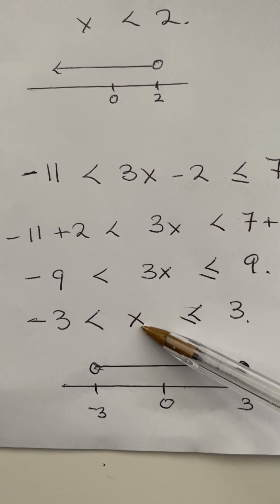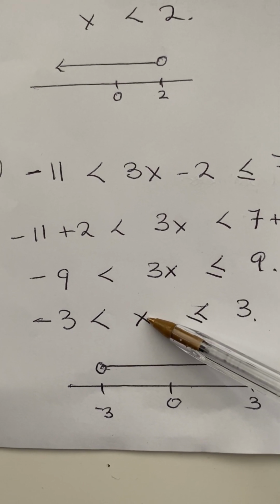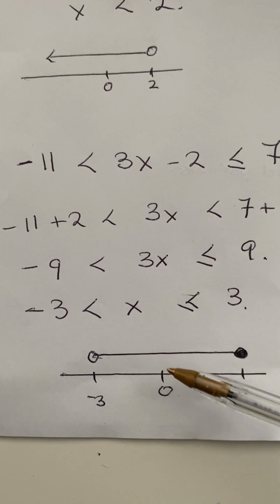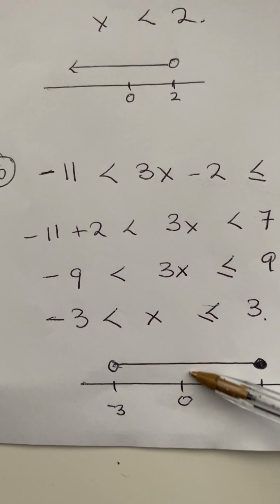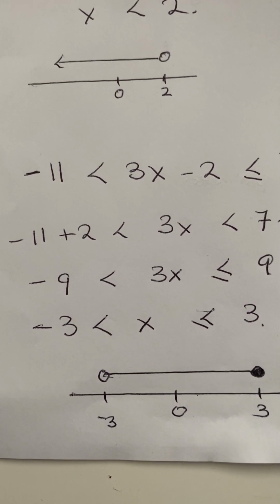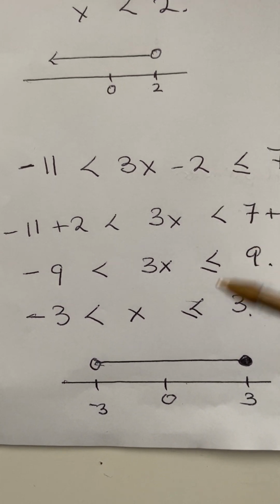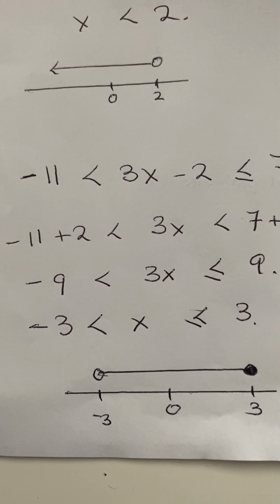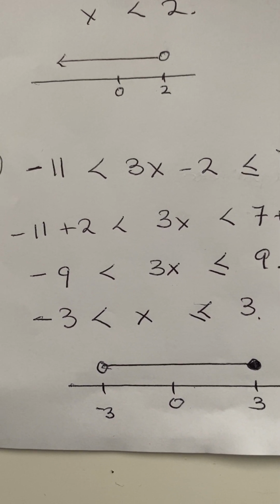You want to have only x, because you are going to represent x on the number line. x should be greater or less than or less or equal to something. So we divide the whole inequality by 3.